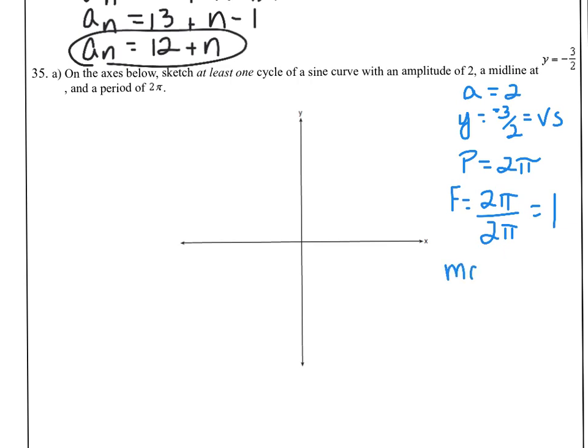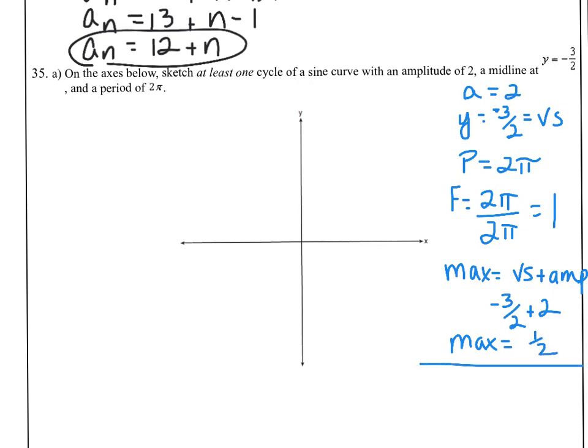If I wanted to find the maximum, remember that the maximum is vertical shift plus the amplitude. In this case, your vertical shift is negative 3/2, and your amplitude is 2, so your maximum is 1/2.